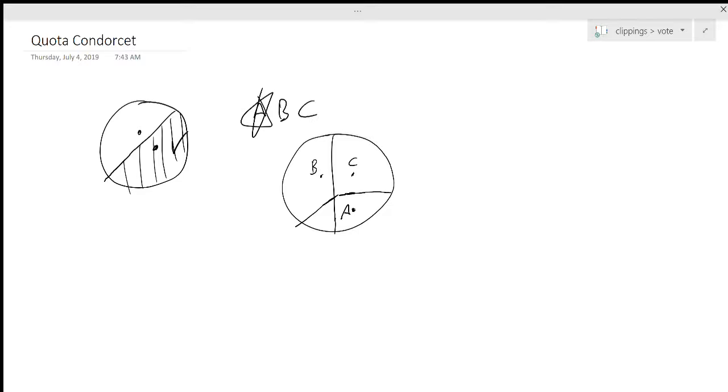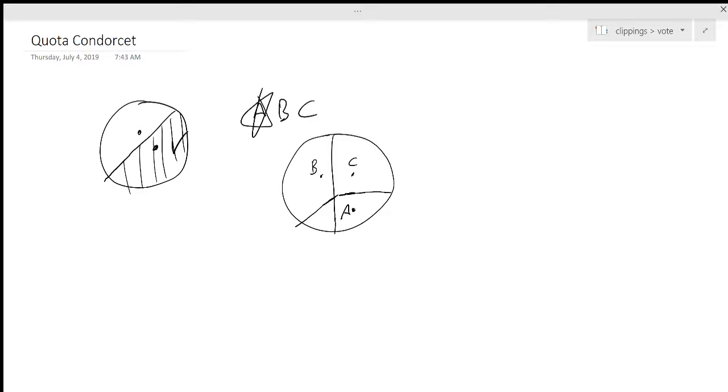And if A has already accepted their vote, A is giving these voters power because the voters voted for A. So you don't want to give voters more power than other voters. You want to be equal. Every voter should be equal. And it's kind of like you're counting the vote twice if these people that voted for A now get to vote again.